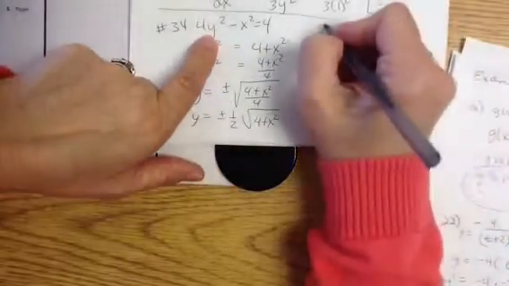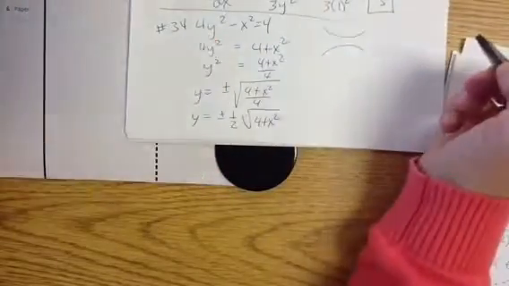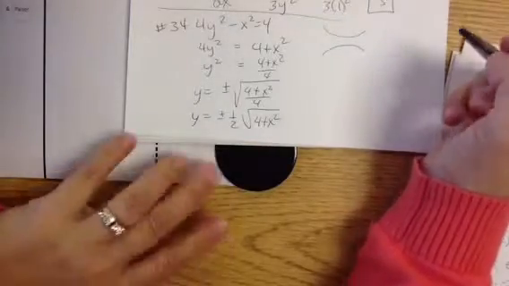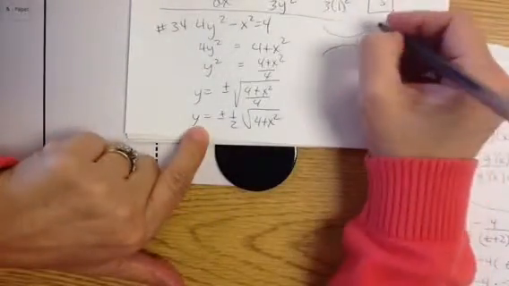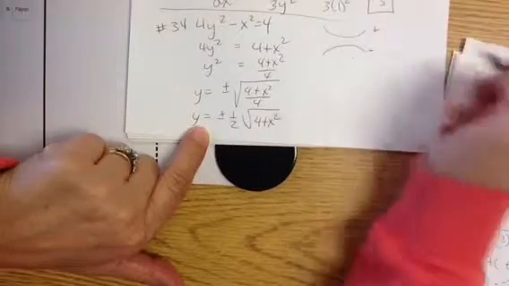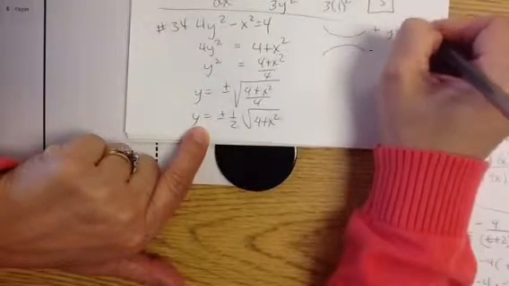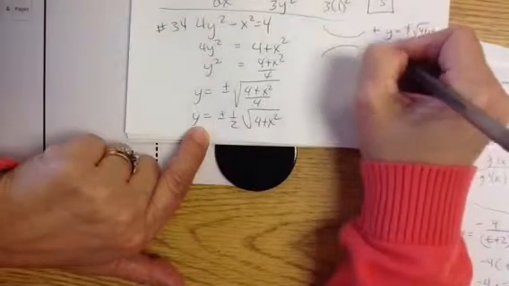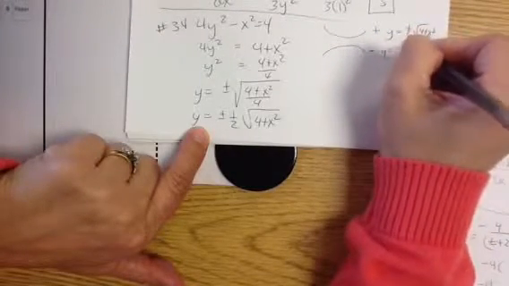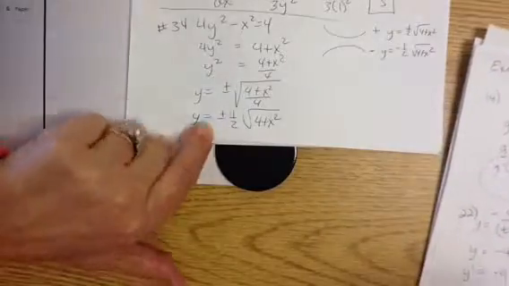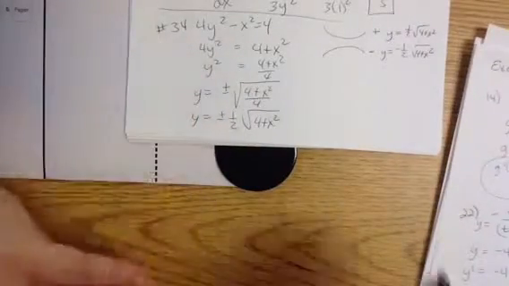It's a y squared, so it does look something like this. Now, what I need to know is which one is the explicit one. The positive one is here, the negative one is here. So this would be the 1/2 square root of 4 plus x squared. This one would be the negative 1/2 square root of 4 plus x squared. So that's what we have for those explicit ones.